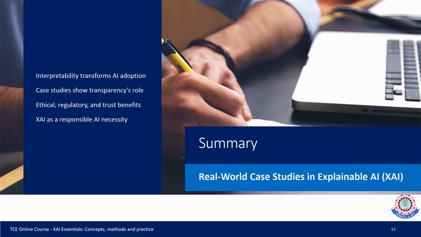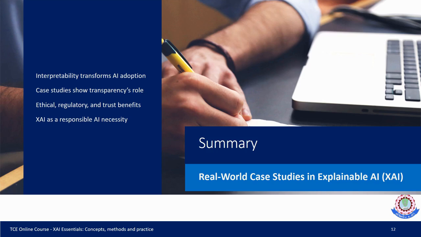As we come to the last part of this video, I want to summarize what we have seen so far. Across many domains like healthcare, finance, criminal justice, education, autonomous systems, manufacturing, energy industries, NLP, and computer vision, explainable AI transforms black box models into systems which humans can trust, understand, and act upon.